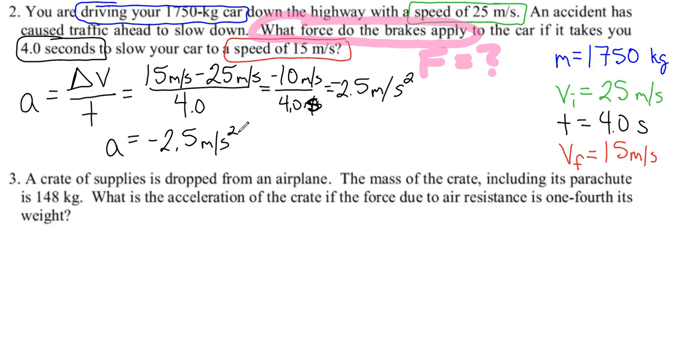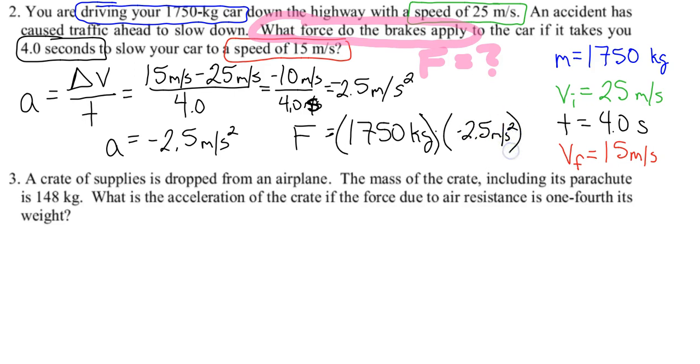So that means that my force, the force to slow it down, is equal to the mass that we were given. So the mass is 1750 kilograms times our acceleration of negative 2.5 meters per second squared, which will give us a force, a total force, a net force, or applied force of negative 4,400 newtons when we round it to our two significant figures.